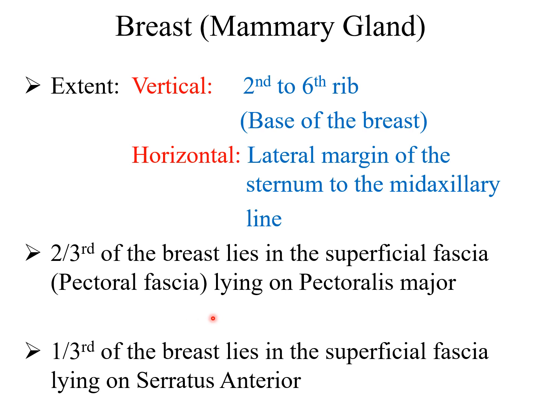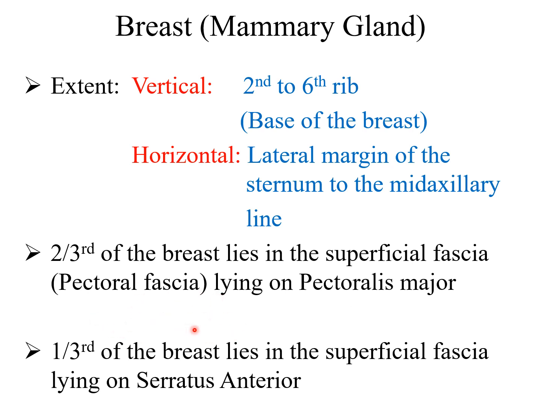Now, we have already talked about the pectoral muscles. We have the muscle on the upper part of the chest, which is known as pectoralis major, that is covered by a deep fascia known as pectoral fascia. So, two-thirds of the breast lies on the pectoral fascia lying over the pectoralis major muscle, which is a connective tissue.